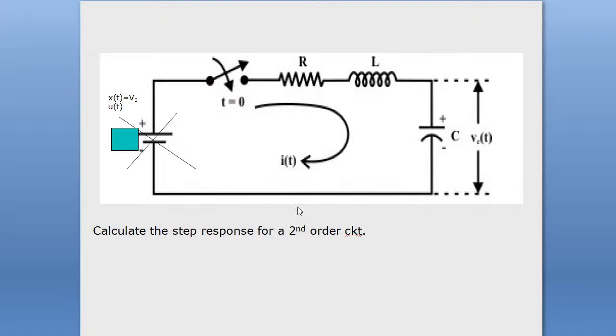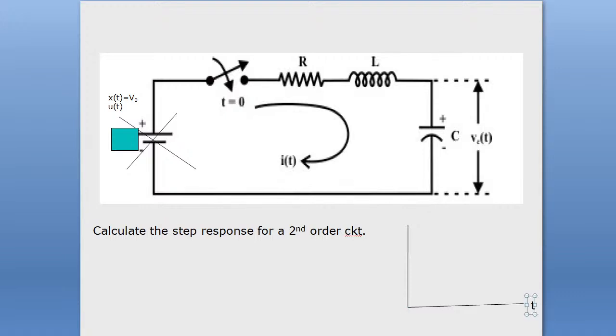What will be the expression of i of t using Laplace transform? You know the graph for a unit step function is like this.